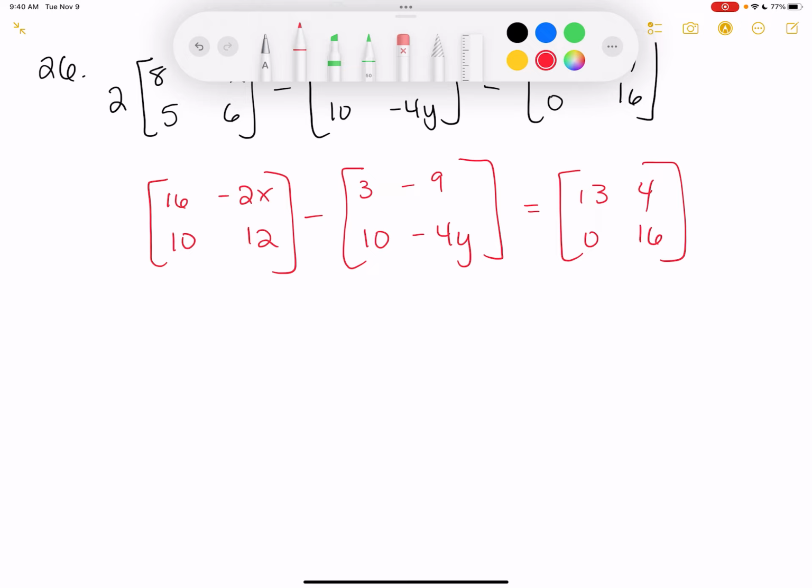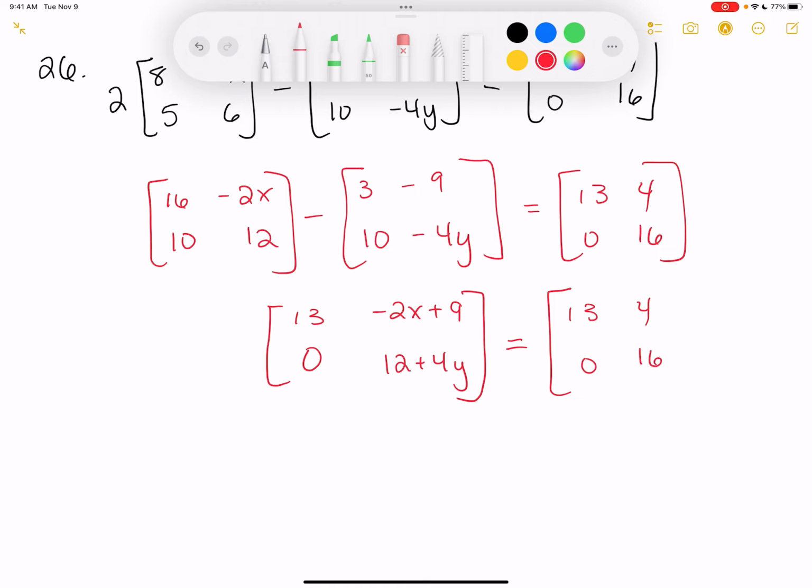So 16 minus 3 is 13. Negative 2x minus a negative 9 is negative 2x plus 9. 10 minus 10 is 0. 12 minus a negative 4y is 12 plus 4y, is equal to 13, 4, 0, 16.